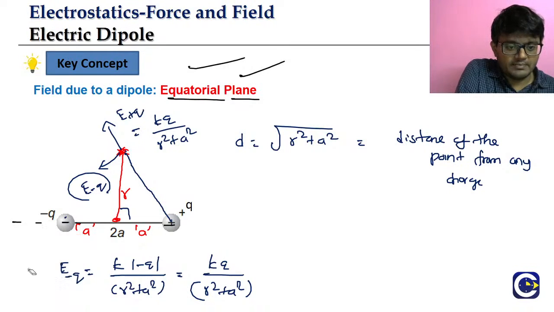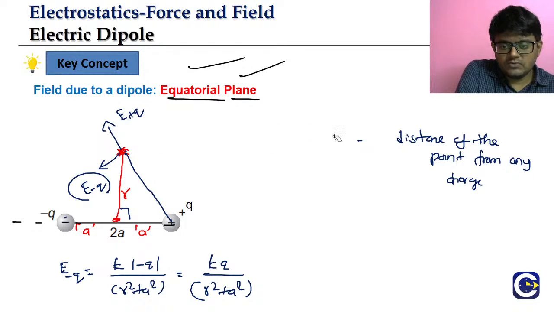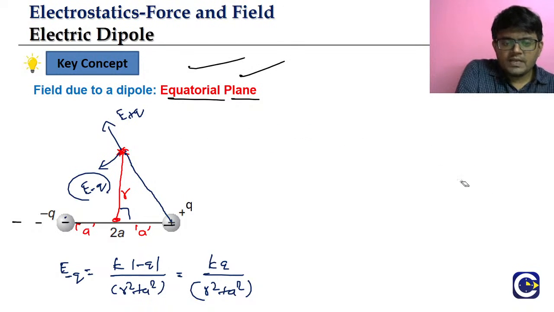Which means the point is equidistant from the two charges. Okay? Now look, when we look at the resultant electric field, that is what we want.